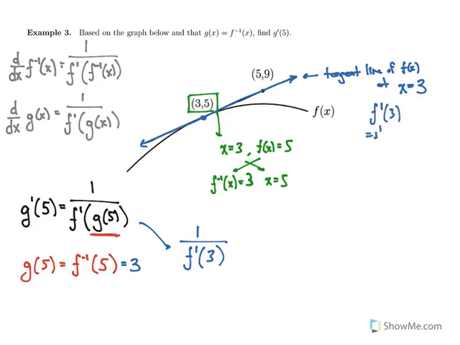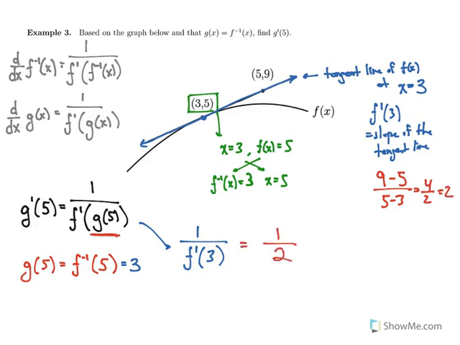This is going to be the slope of the tangent line. So that slope is going to be the change in the y values over the change in the x values. That's going to be 4 over 2, which is 2. We get our answer of 1/2.